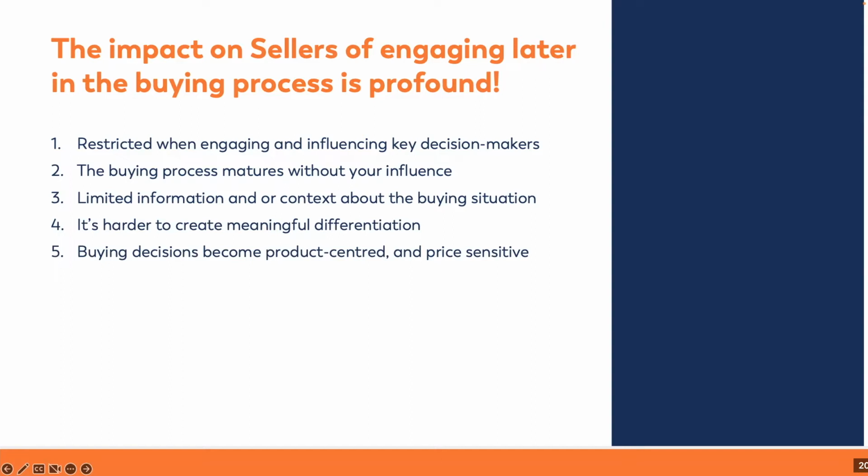And when they become more product centered, there's more of a focus on price. And we hear all the time from salespeople that buyers just make decisions based on price. And to an extent that's true, but to an extent that's also solvable if we're able to get to some of the decision makers somewhat earlier.